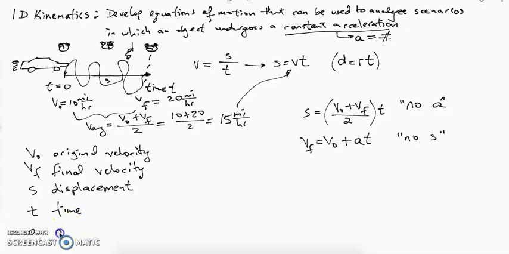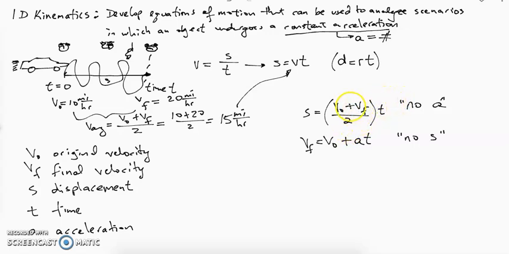Lowercase t is usually time, and a represents acceleration. Now, we use these letters because writing out the entire word every single time takes a long time and takes up a lot of space on your paper, so we reduce it down to individual letters.